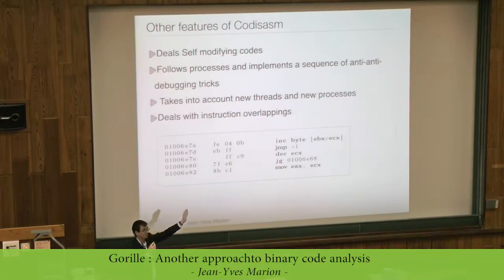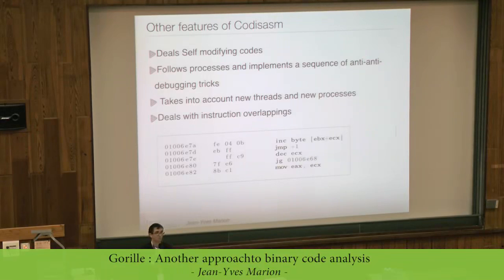If you look at this very small assembly code in IDA, it is not able to see that you are jumping on yourself, and so the next instruction is a decrement and not the one that you can compute after. So Codesign is able to see that, to take into account instruction overlapping, and to trace that.